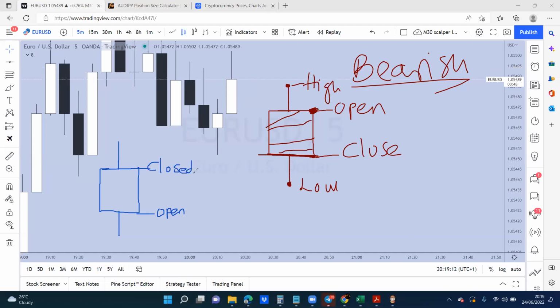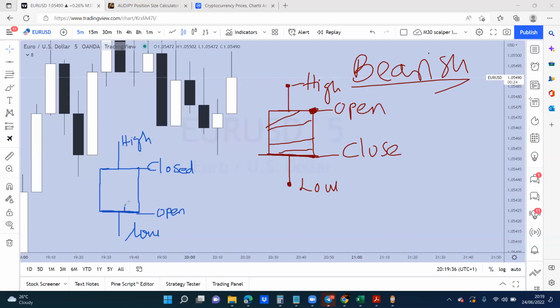But the high and the low remain the same. This is still the high. And this is still the low. Right? The only difference here is that the open and the close take the opposite direction. It means when it opened here, buyers were in control.